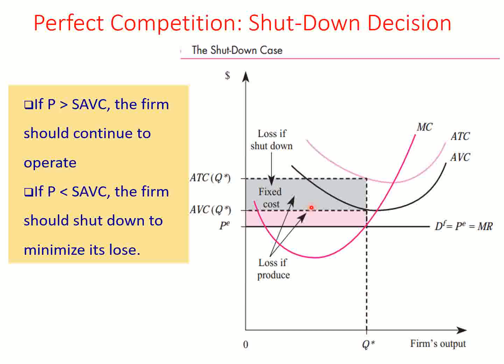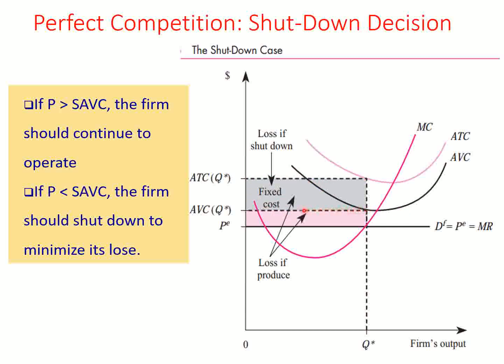Fixed cost is already lost. So if the price is here and we shut down here, there is a loss of fixed cost.